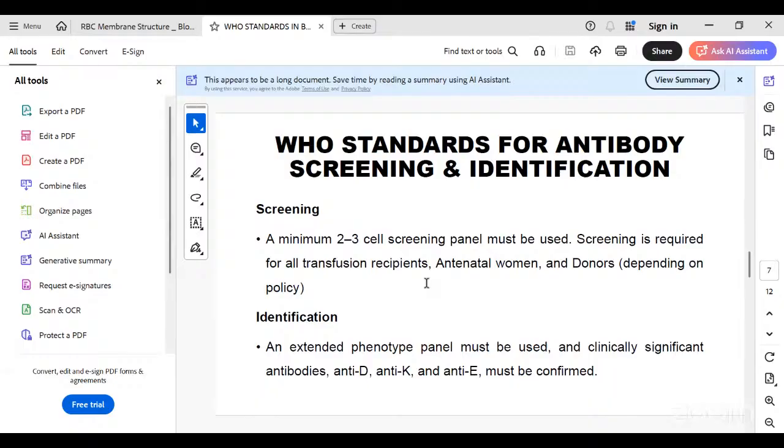Apart from saving you from being the one that put the antibody there, it helps in selection of blood when doing cross-matching, so that you know which blood to cross-match for patients. Then when you screen and you find an antibody, the next thing is for us to identify the antibody. An extended phenotype panel must be used, and clinically significant antibodies like D, K, and E must be confirmed.